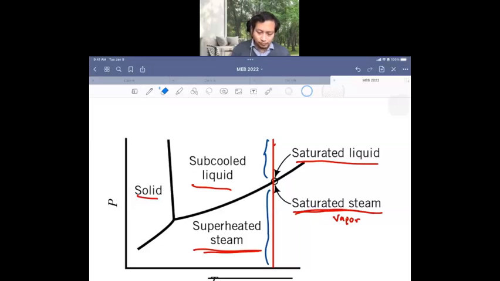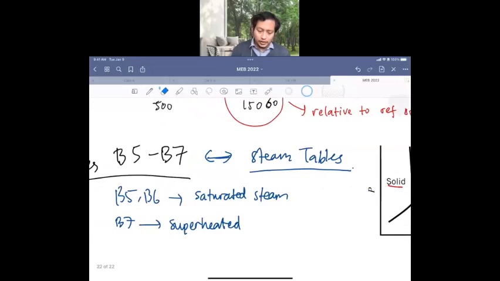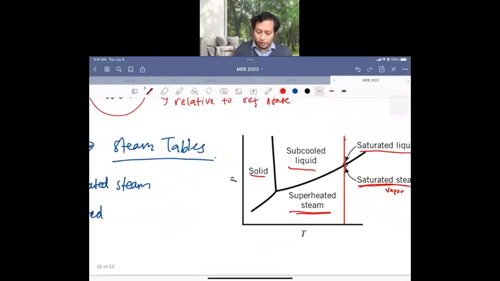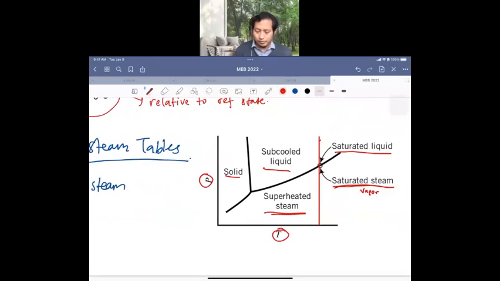But perhaps the implication of this equilibrium is directly related to tables B5 to B7, and you will see the relations between the pressure and the temperature, as we can see here.